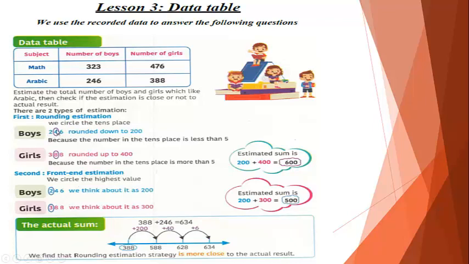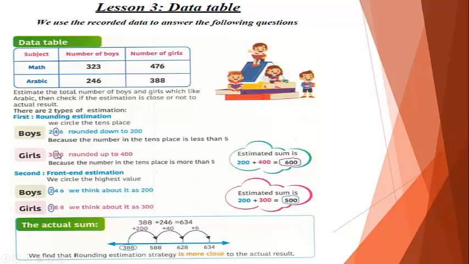I'm going to look at the number in the tens place and ask, is it greater than 5 or less than 5? If it is less than 5, I'm going to write the 200 just as it is, 200. And here, look at the tens house. It's 8. Yes, it's more than 5. What are we going to do here?